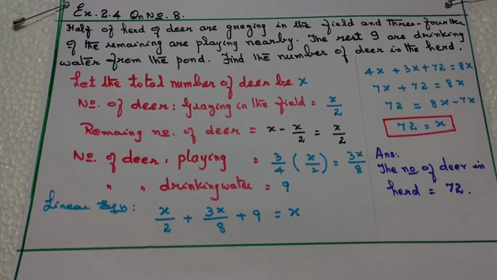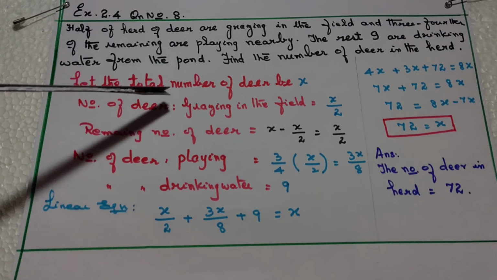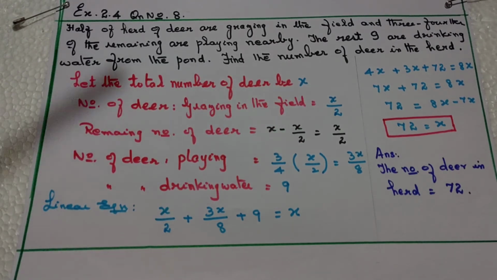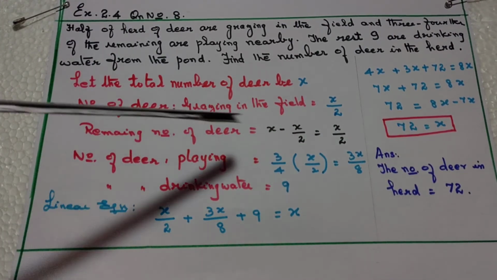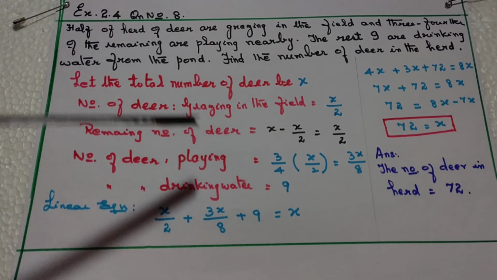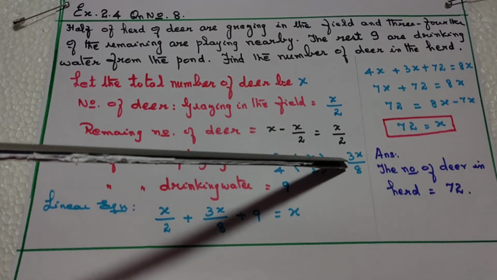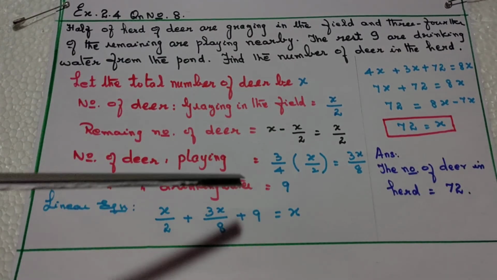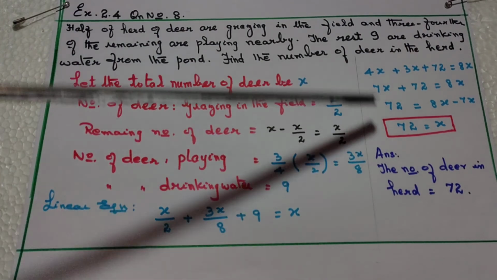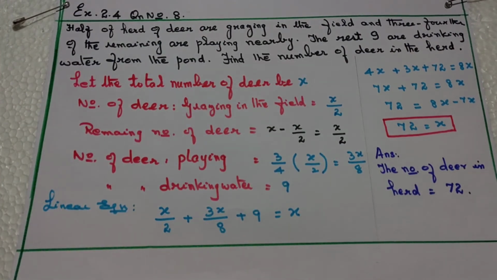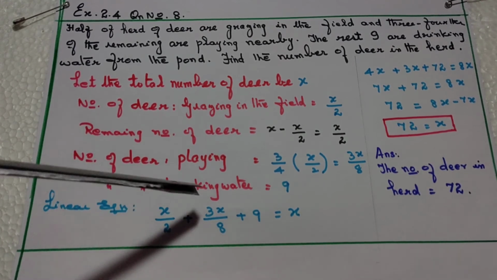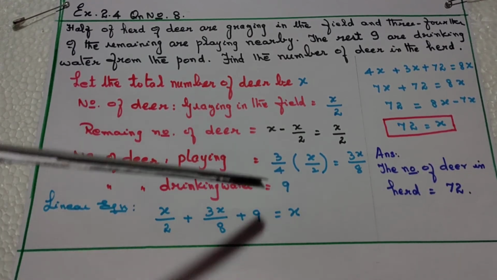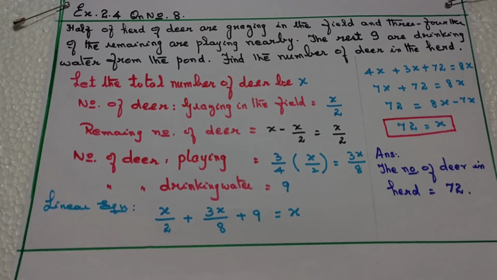Now, we have here 3 conditions, that is number of deer grazing in the field and 3/4 of the remaining playing and 9 are drinking water. So, if I add x by 2, 3x by 8 and 9, I must get the total x. So, the linear equation will be x by 2 plus 3x by 8 plus 9 equals x.